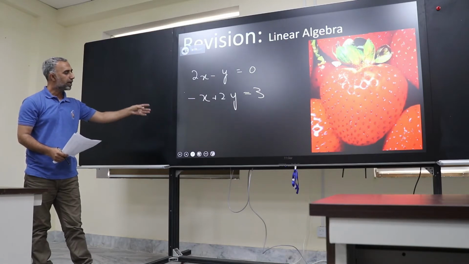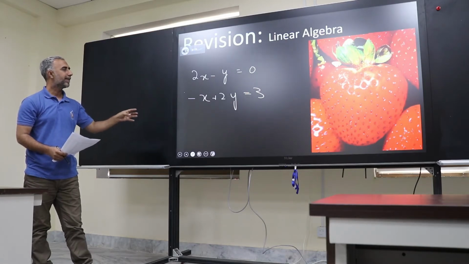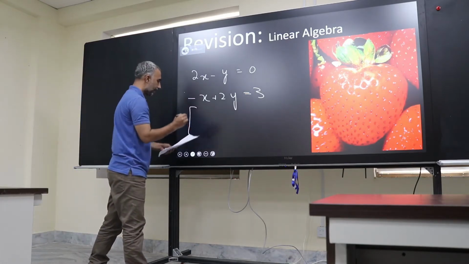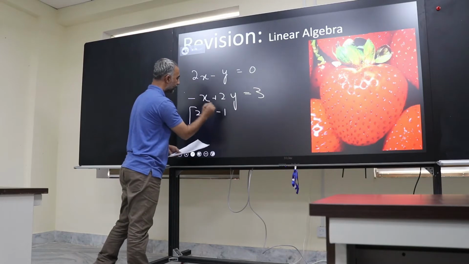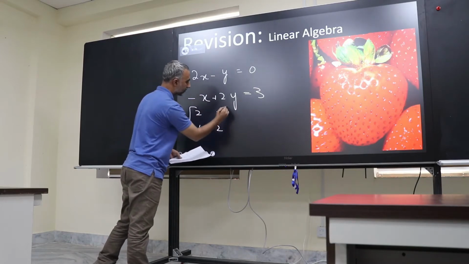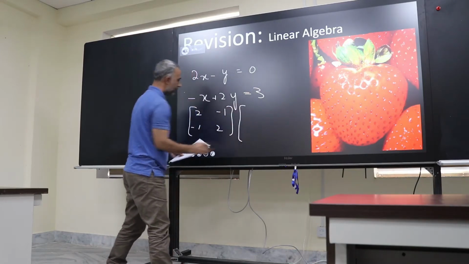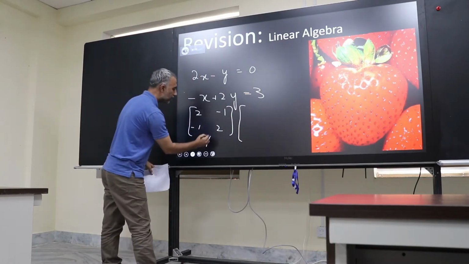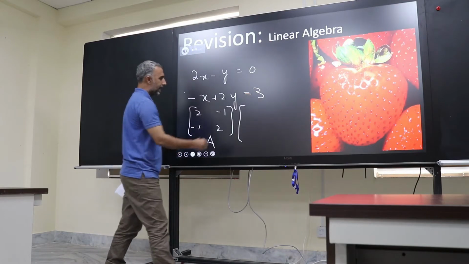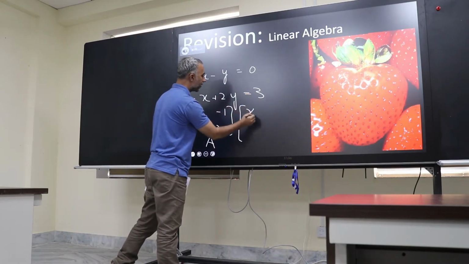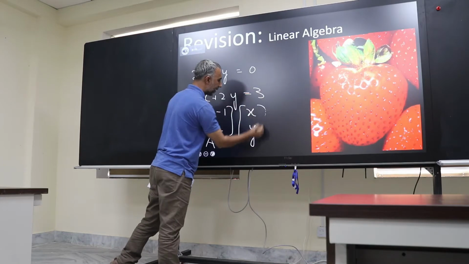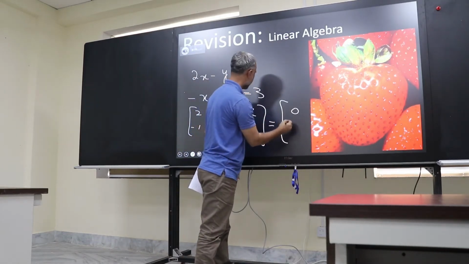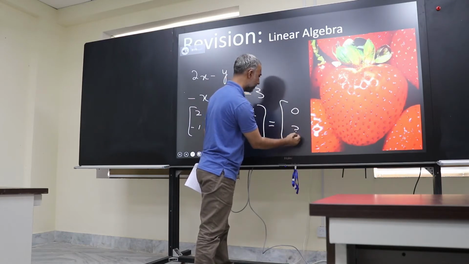So we can accommodate this in terms of a 2 by 2 matrix, where these are the matrix with its coefficient form. Usually we represent it with A, and these are the vector of unknowns, and this last vector is the vector of constants.